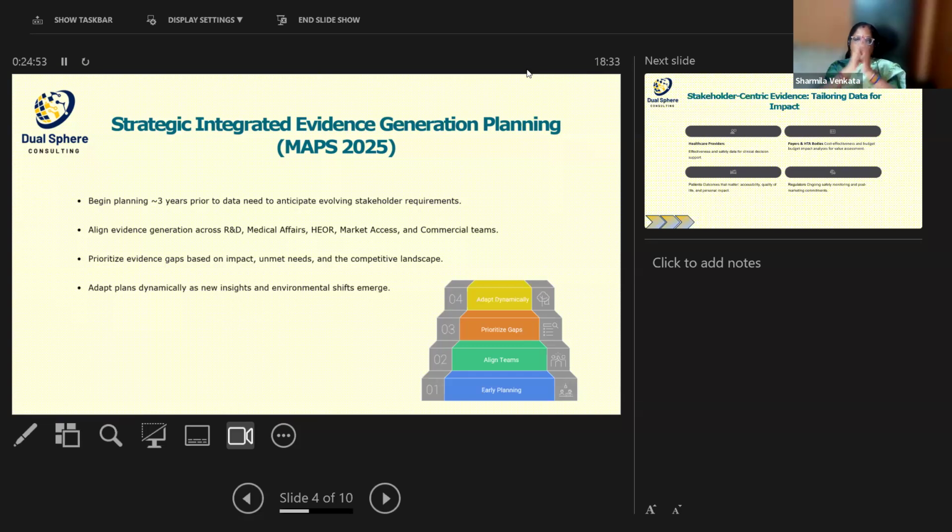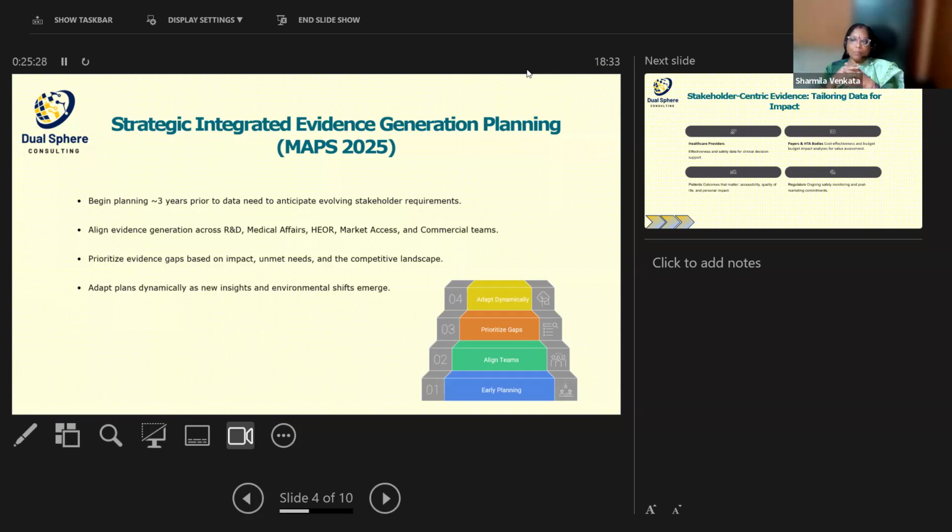If all these groups, R&D, medical affairs, HEOR, market access, commercial alliance, are talking to each other, we avoid risk. If they are not talking to each other, we risk duplicated work, inconsistent messaging, or missed opportunity.